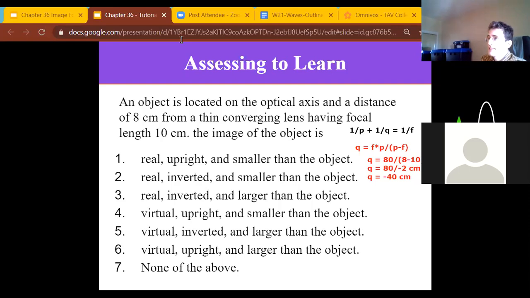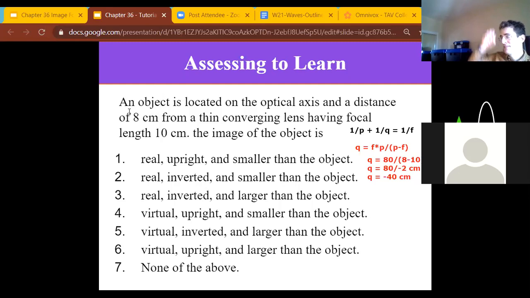So in this case, this is the situation where the object is really close to the converging lens. And when that happens, what it actually creates is an image on the same side as the object. So when Q is negative, it means that the image is on the same side as the object.